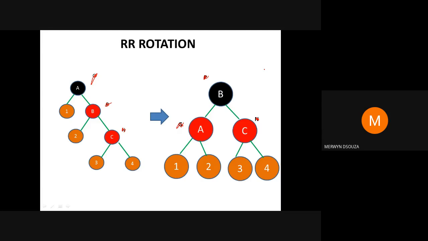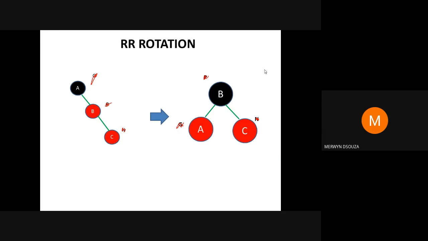Just note this down. So in simple form, it looks like this, your RR rotation. Adding a new node C to the tree will cause an imbalance like we have seen previously. We'll see it with the help of an example. For now, you just write it like this.